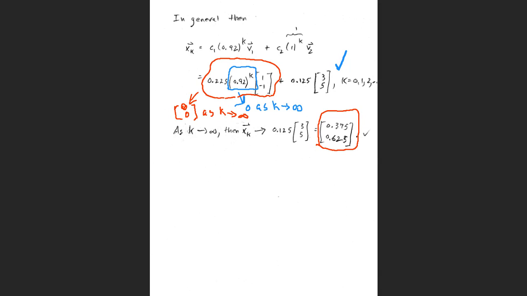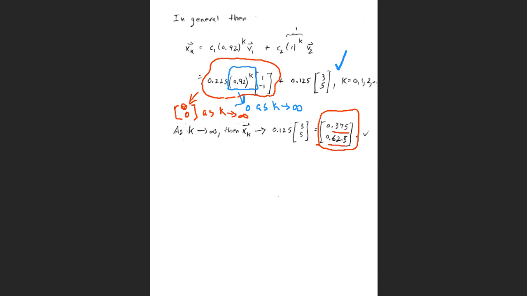In other words, eventually 37.5% of the population will live in the city, and 62.5% of the population will live in the suburbs. So this example is another way of finding the steady state vector for the migration matrix, okay, steady state vector.